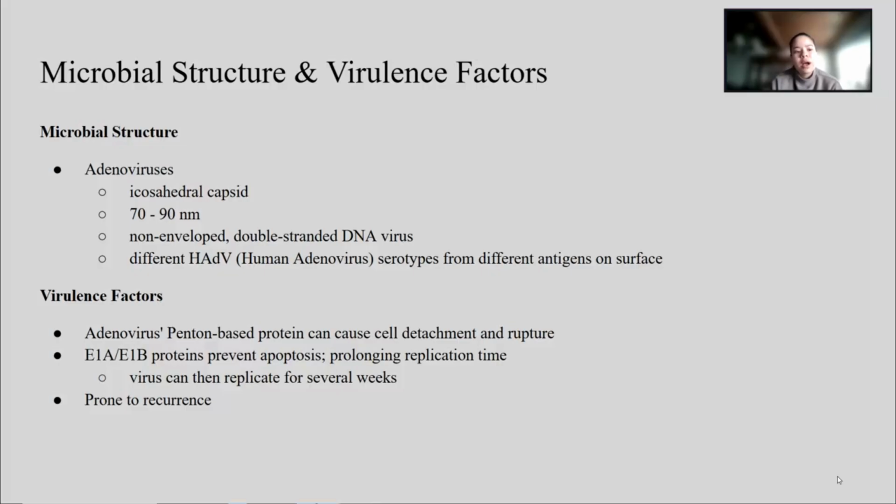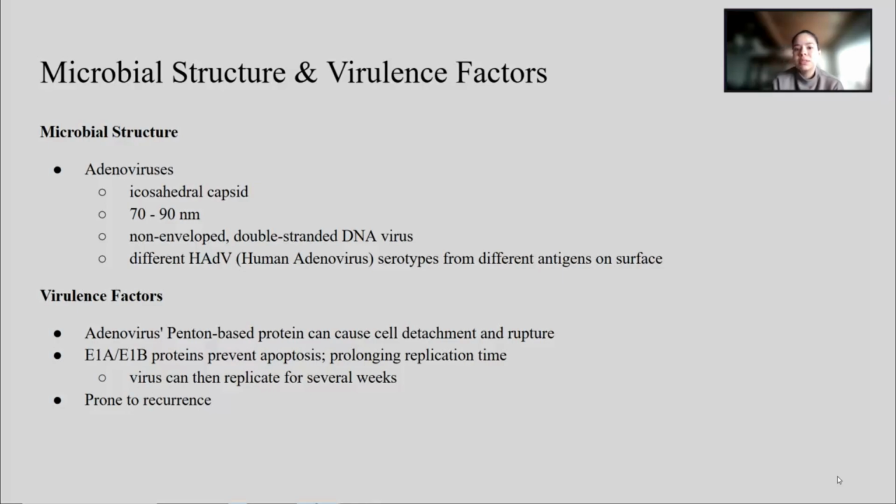Adenoviruses are icosahedral capsids that are 70 to 90 nanometers, really depending on the size. They are, again, non-enveloped double-stranded DNA viruses, and they actually have different HAdV serotypes from different antigens on the surface.